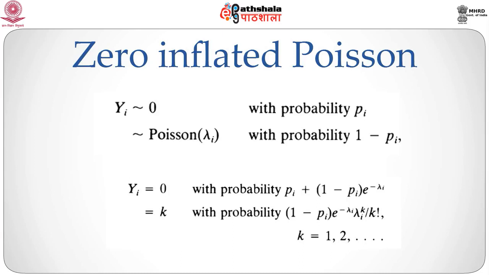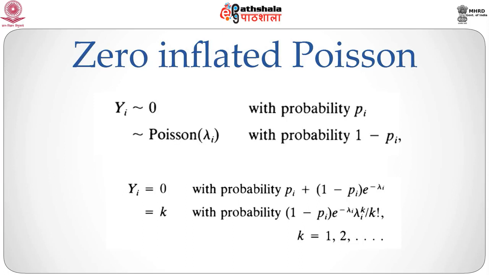This means that the probability of yi equal to 0 is given by pi plus (1 minus pi) e to the power minus lambda i, and you can see that this is in excess of what would happen if yi just followed a Poisson distribution with rate parameter lambda i.